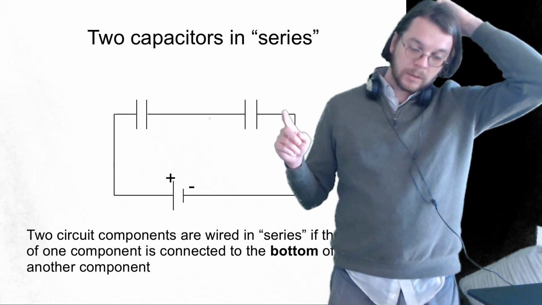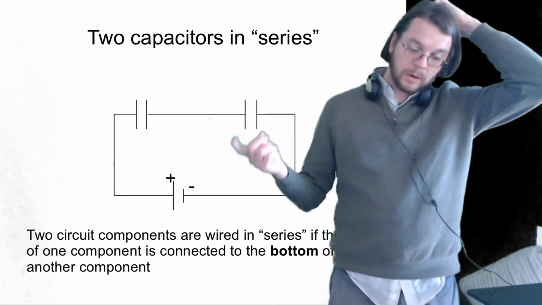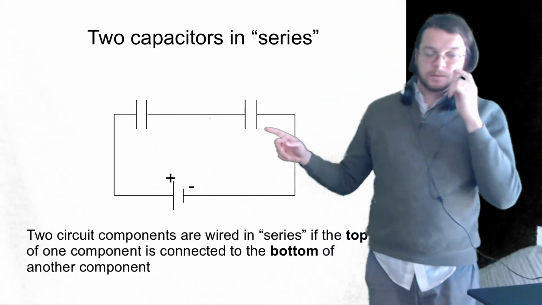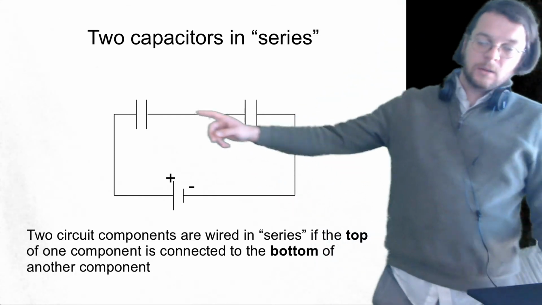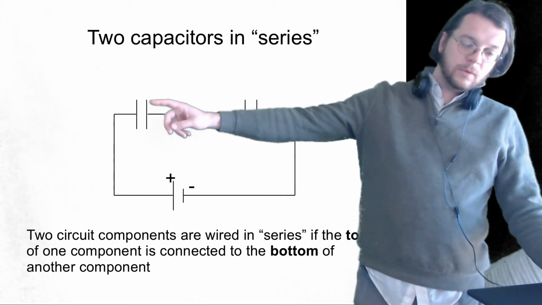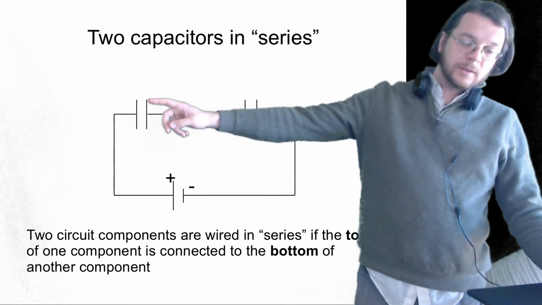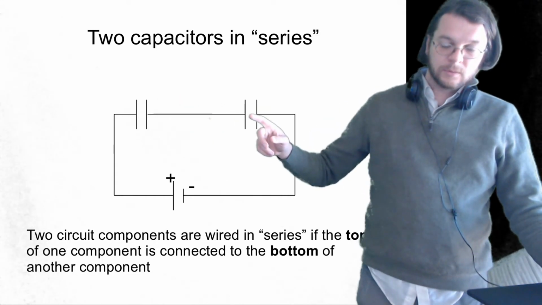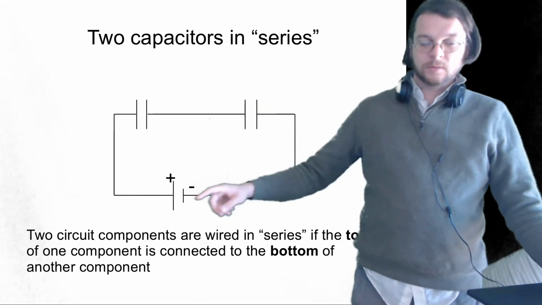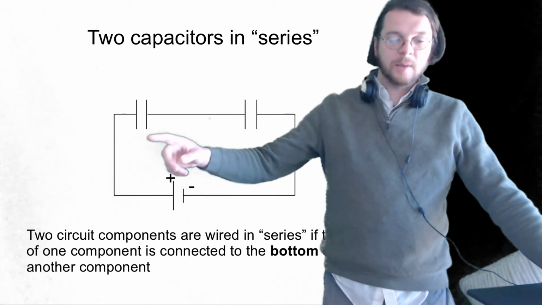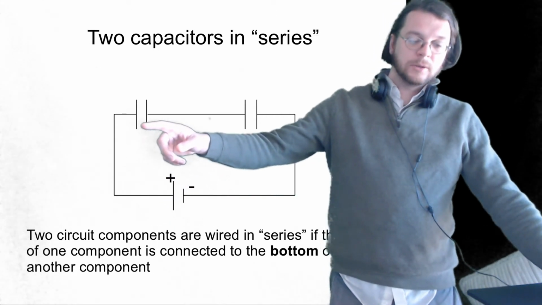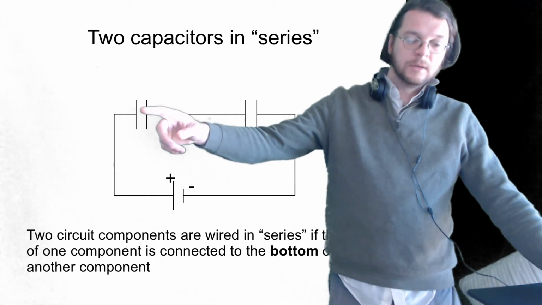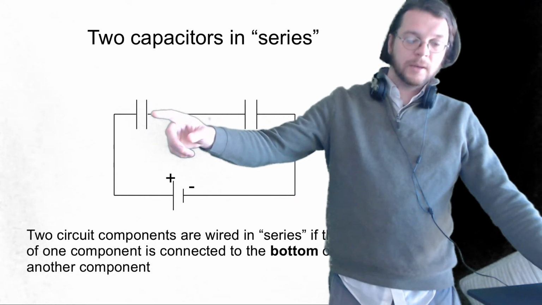And what do I mean by series? There's series and there's parallel. What's the difference between the two? Well, this one is in series because the bottom of this capacitor is connected to the top of this capacitor. In other words, the top plate is the one that's closest to the battery. So this would be the top plate of that one, and this would be the bottom plate.